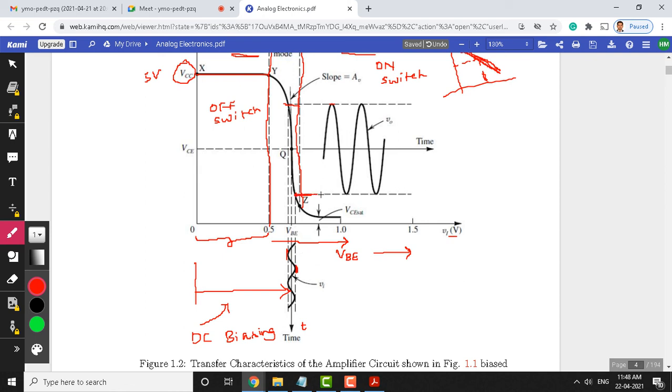If you draw the horizontal line here, you can see there is a negative peak here. That means the negative peak of the input signal has become positive in the output, and the positive peak of the input signal has become negative in the output, because there is a 180-degree phase shift between the input and output here. Similarly, negative here is positive here, and positive here is negative here.